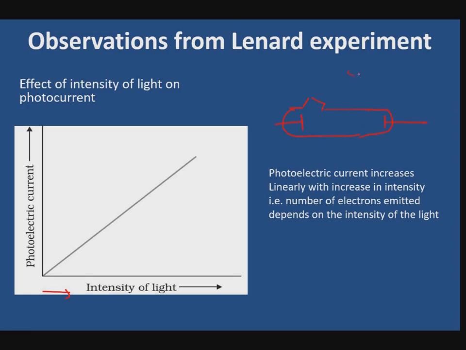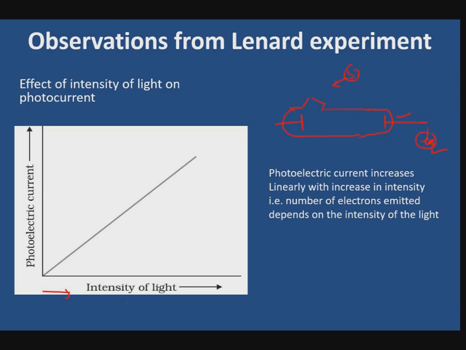So when this source was brought closer, the intensity was increasing, and we observed that the micrometer was showing larger and larger current. So current was more, which means the number of electrons reaching this electrode are more when the intensity of the incident light was changed.